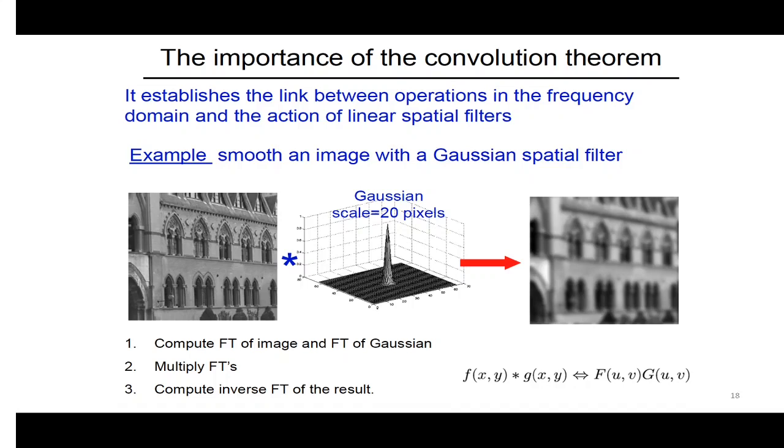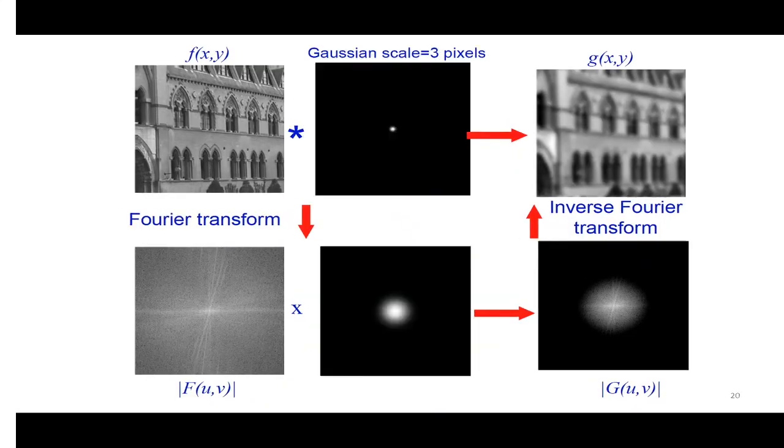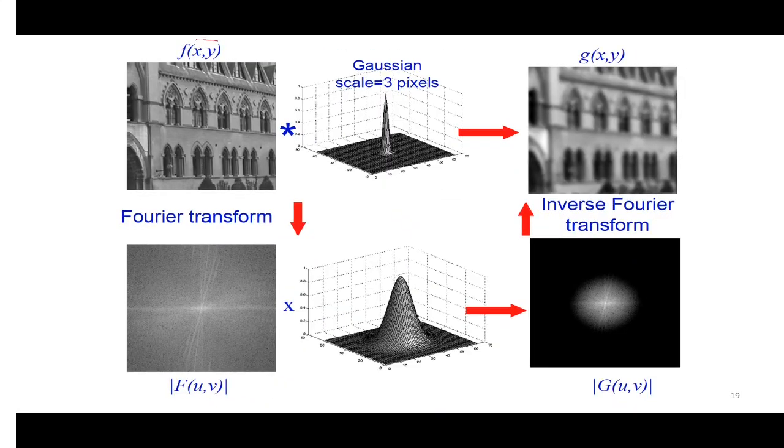For example, I want to convolve a given image with a 2D Gaussian. This convolution is much more expensive, by orders, than multiplication. Assuming that your Fourier transform and inverse Fourier transform computation is not so expensive when compared to this convolution, assume that I want to convolve my f of x,y with a Gaussian kernel, and I would like to arrive at this result.